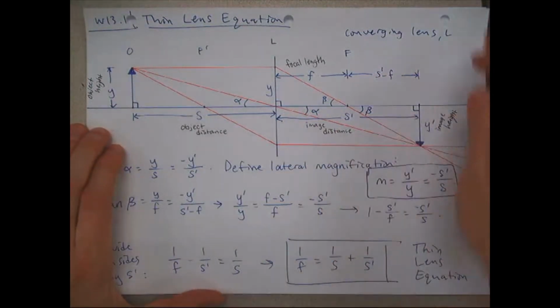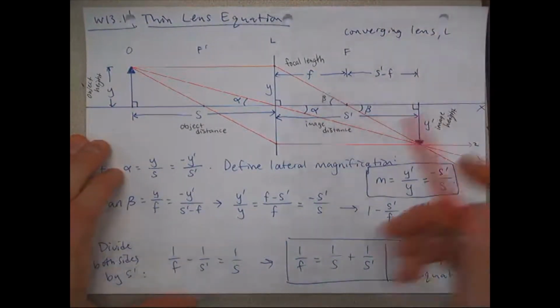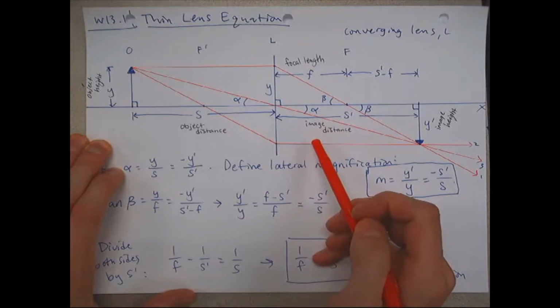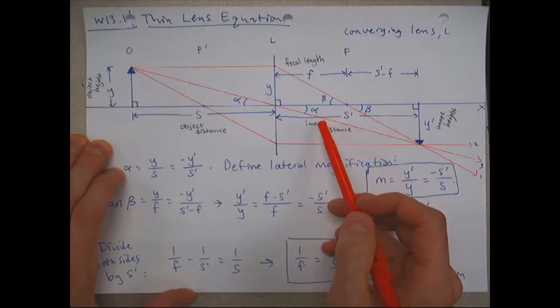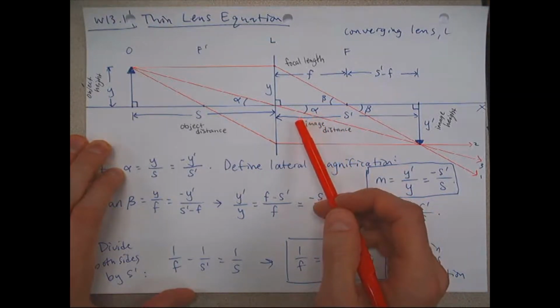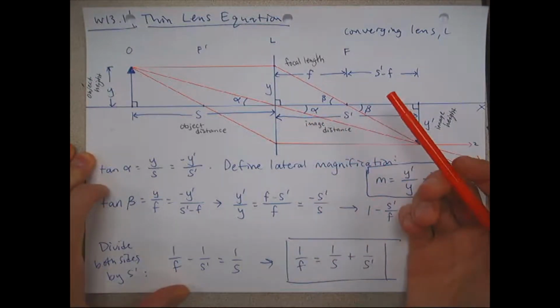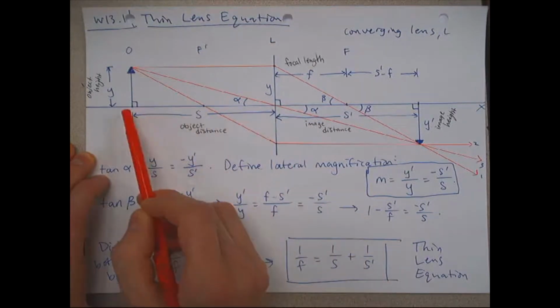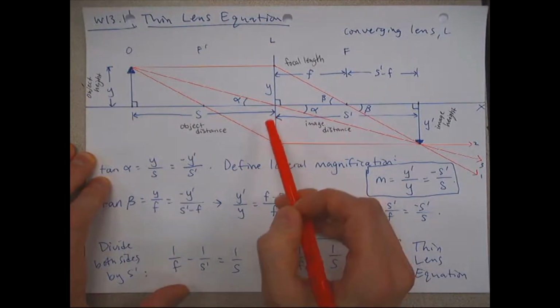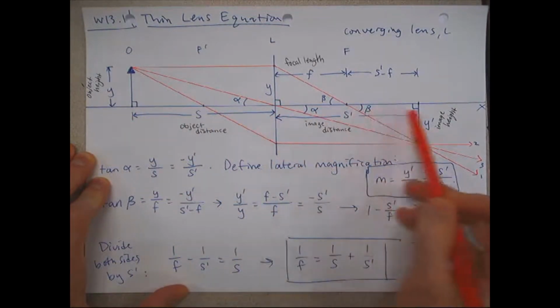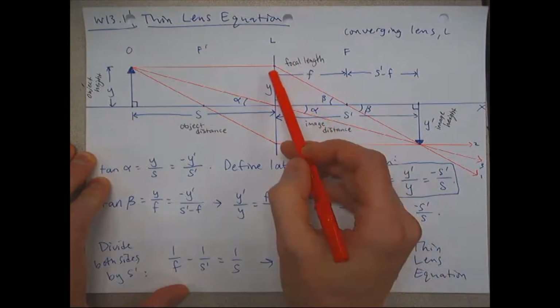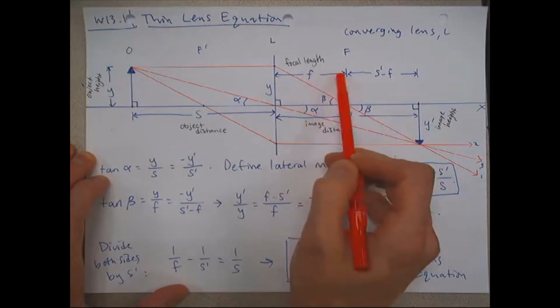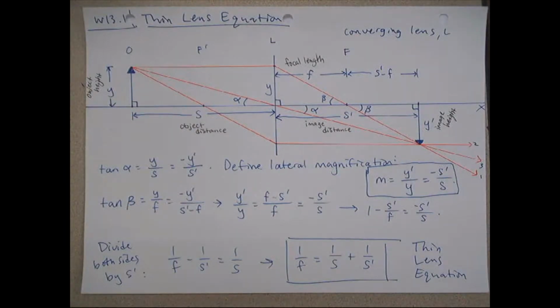What we're able to do is to pick out some triangles that are formed by the various pieces of this diagram and find a relationship between the object distance from the lens to the object, the image distance from the lens to the image, and the focal length from the lens to the focal point.